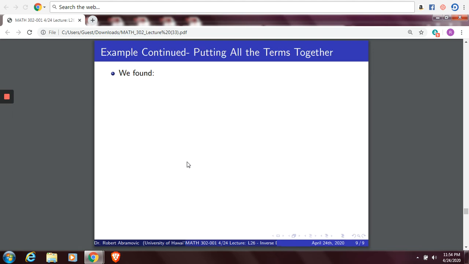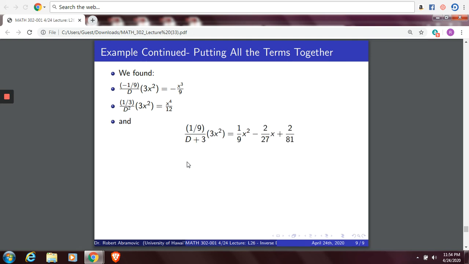Here's what we found. Example continued, putting all the terms together. Negative 1 over 9D applied to 3x squared is negative x cubed over 9. 1/3 over D squared applied to 3x squared is x to the 4th over 12. 1 over 9 times D plus 3 applied to 3x squared is 1/9 x squared minus 2 over 27x plus 2 over 81.